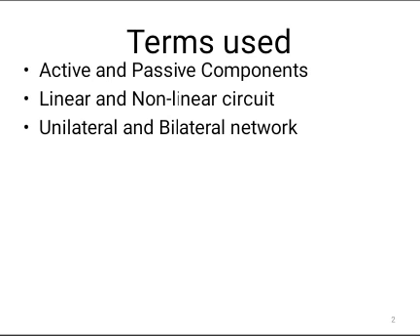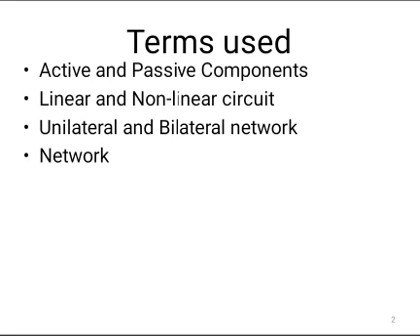A bilateral network is one whose properties are the same in either direction. The usual transmission line is bilateral because it can be made to perform its function equally well in either direction.